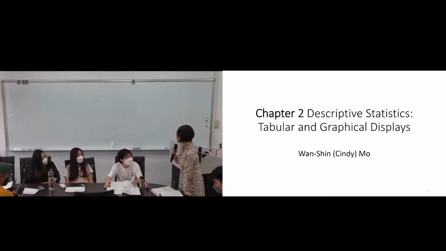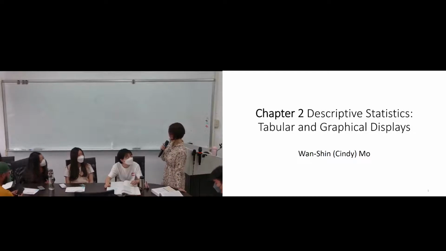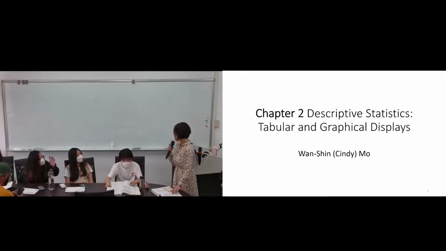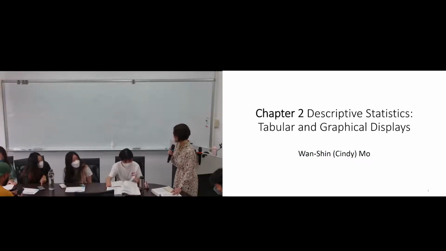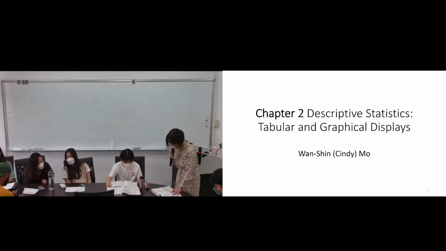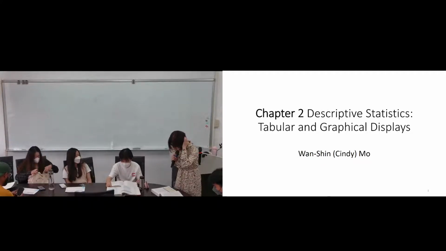So she said that there are 15 elements. Oh, only starting from the overall score. Okay.